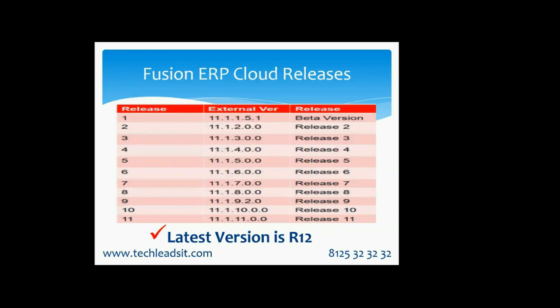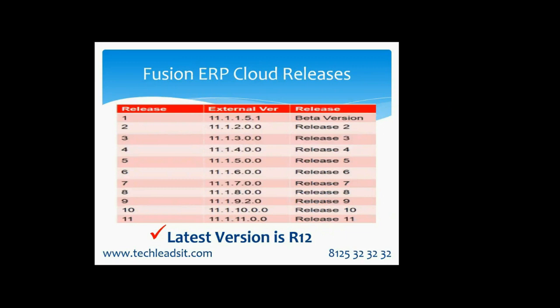it says we are in R12. No, we are not in R12. We are already in R13. For the big giants, they have already started upgrading to R13. All right, and in a phase-wise manner, on a quarterly basis, they are releasing R13 to already implemented Oracle Cloud HCM customers.